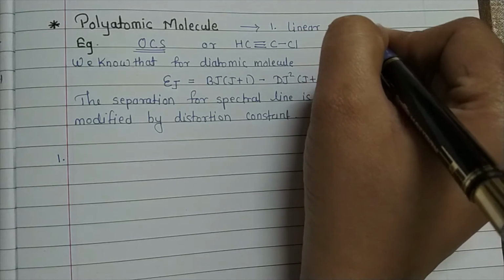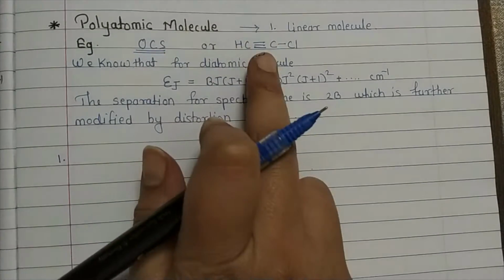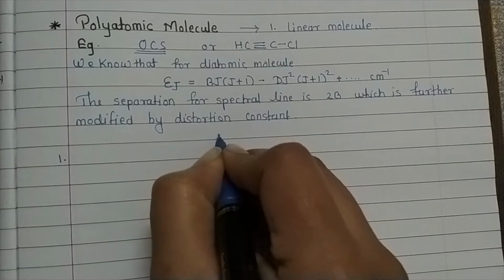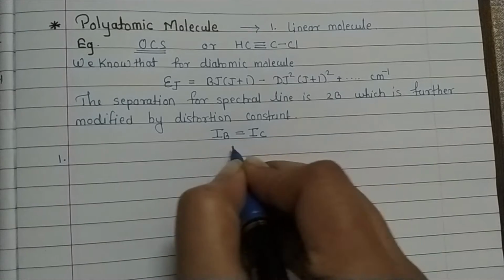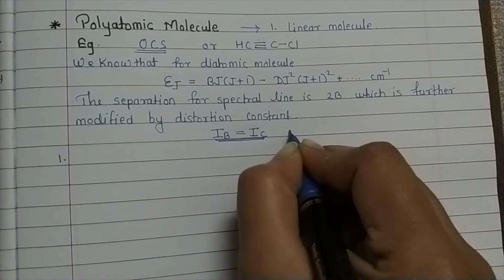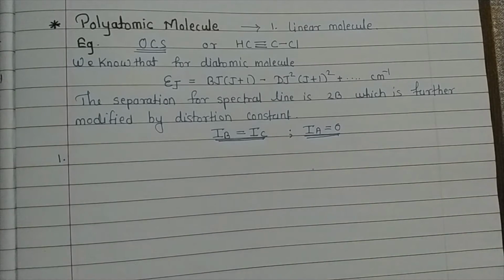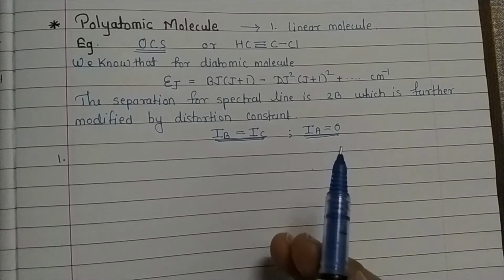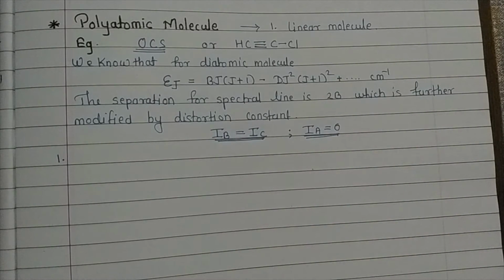Okay, we will look only at the linear molecule. So for the linear molecule we know that IB is equal to IC, and IA is equal to 0. So here there are three moments of inertia in which one is 0 and the other two are equal.